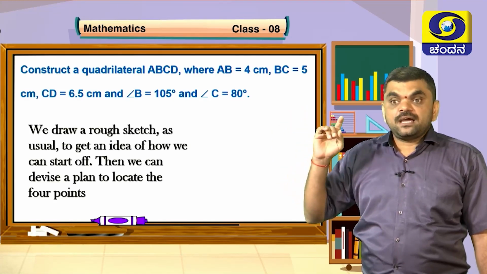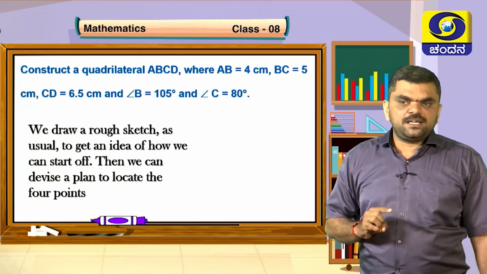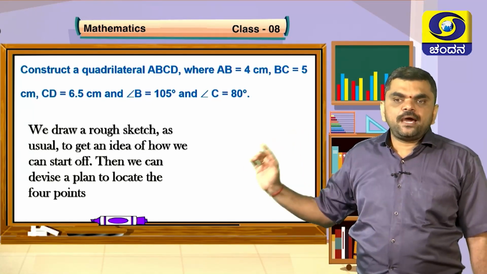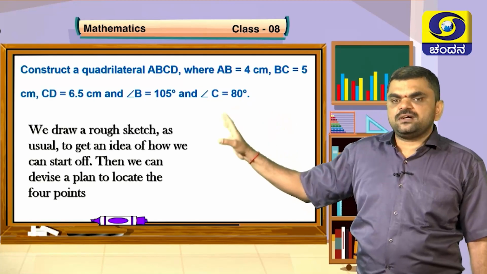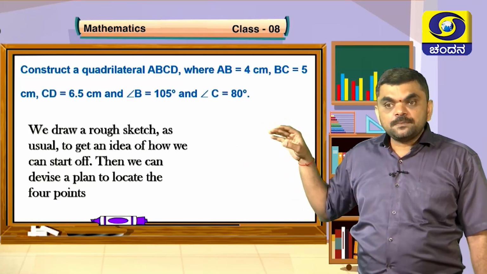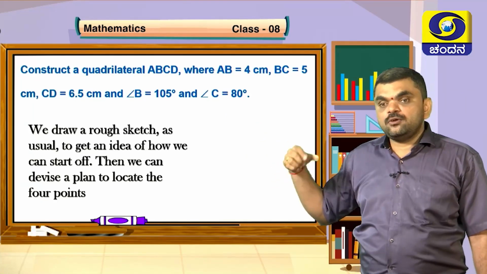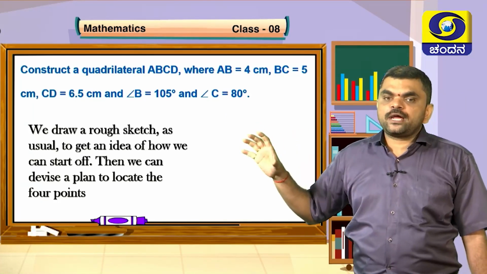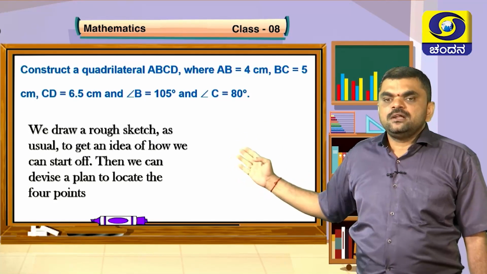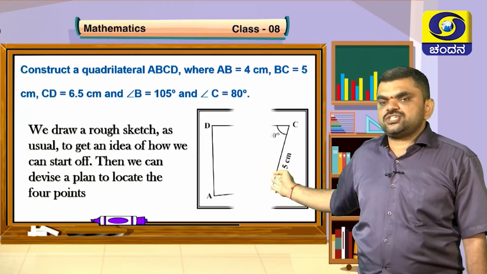Now as we learnt in our previous classes, first we have to make a sketch of the figure, children, to observe the idea of how we can start off. Then only we can decide how to locate the other points. Now first I will draw a sketch like this, children.